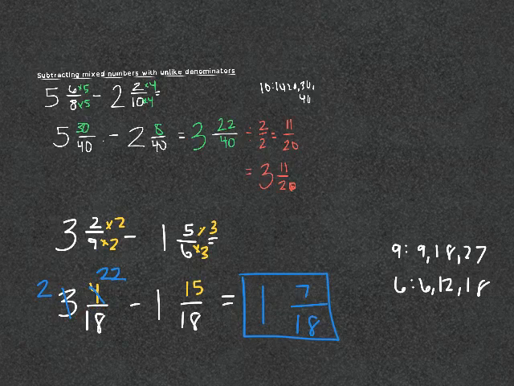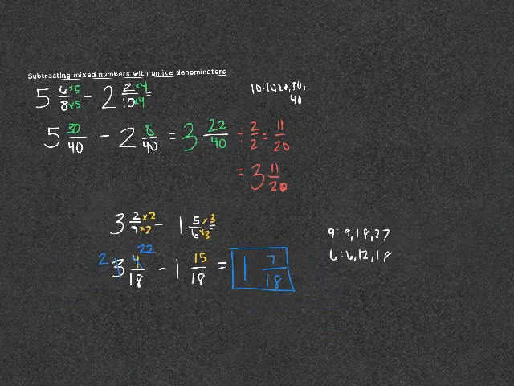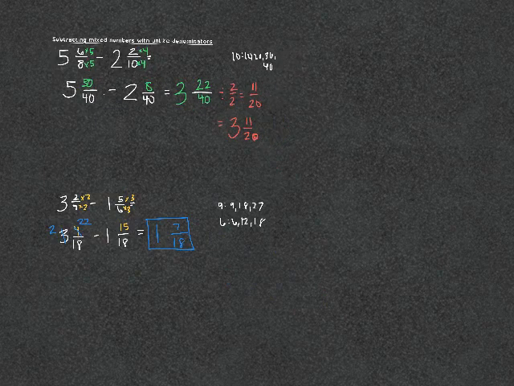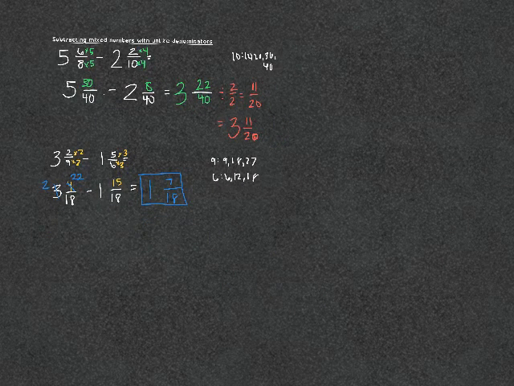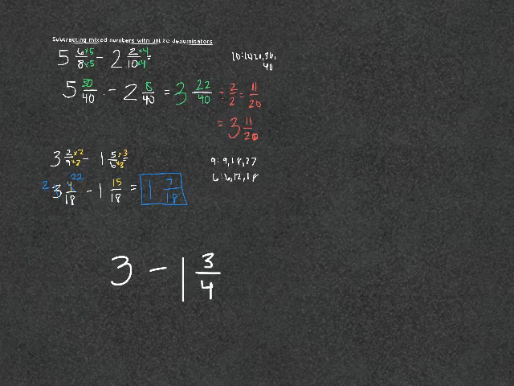One more example that I would like to give is if we had a problem like 3 minus 1 and 3/4. So we don't have any fraction to take away, but we can't just automatically do 3 minus 1, and then we would still have to take away that 3/4.